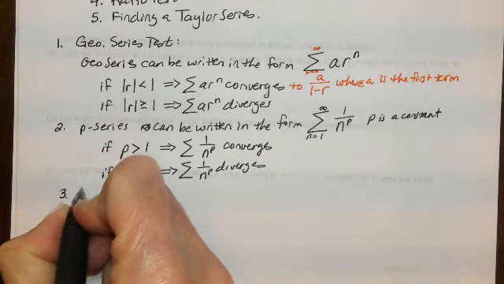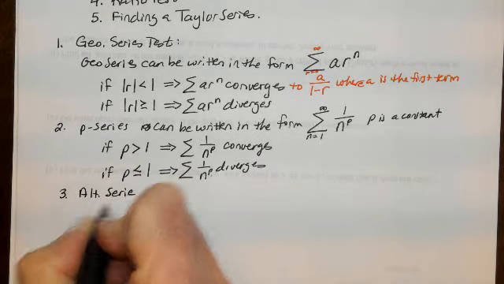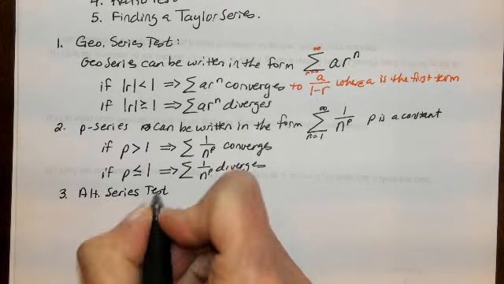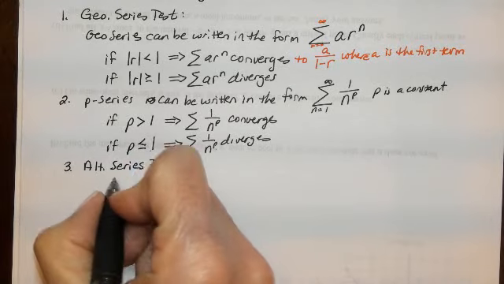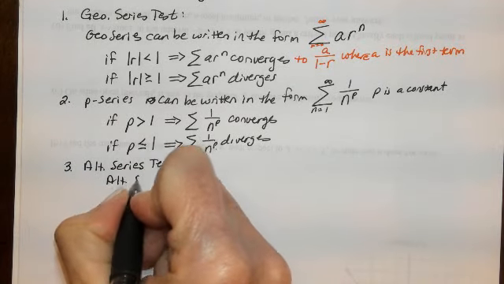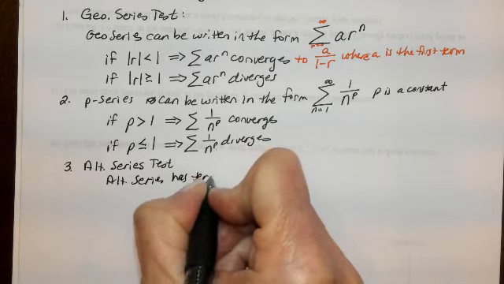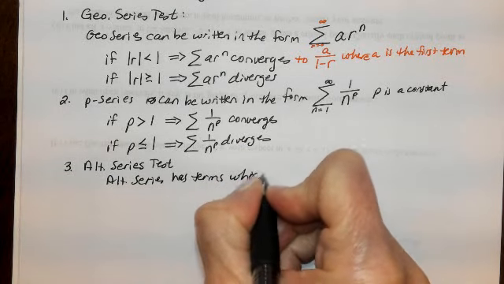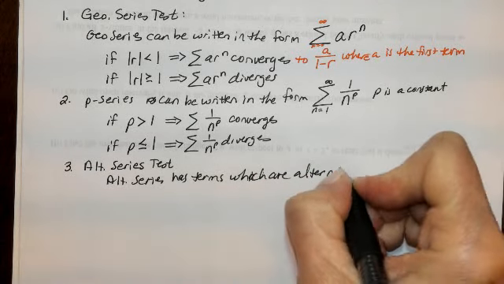Number 3, our alternating series test. I'm going to abbreviate that, alternating as alt. Okay. So an alternating series test. First of all, an alternating series has terms which are alternating in sign.